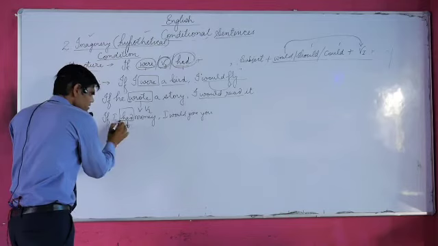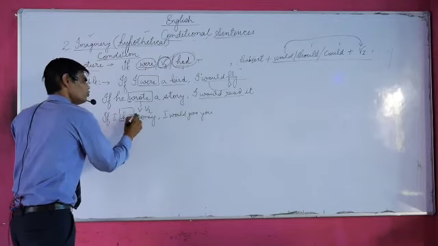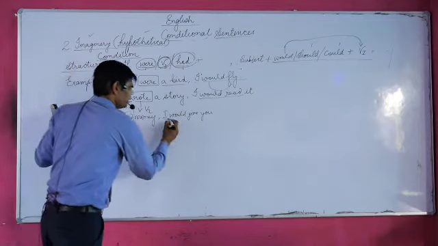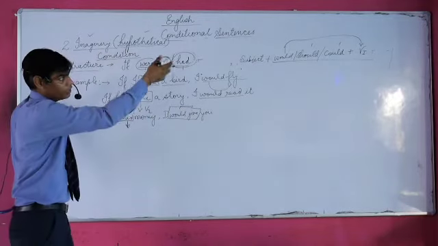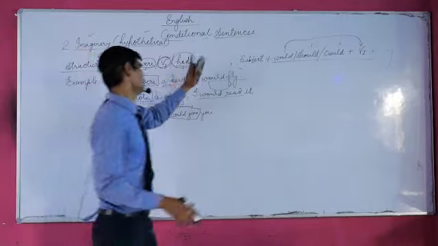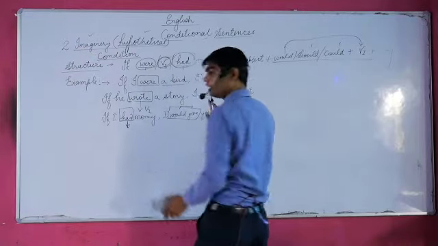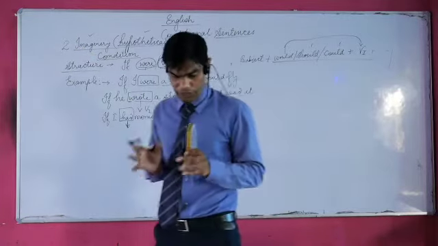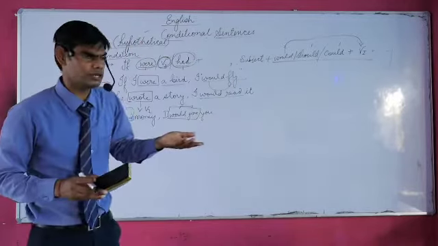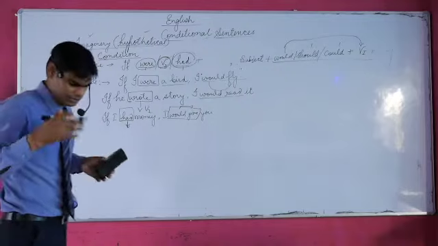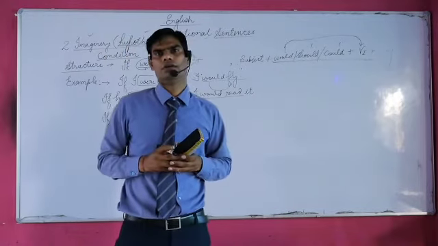So it is had and there is no main verb. So it is given here would and give. Look, the condition is fulfilled. We have had only. There is no third form. Consider it, very important it is. If we have had and third form, it will be the impossible condition. That is our last condition, the third condition we will teach you.